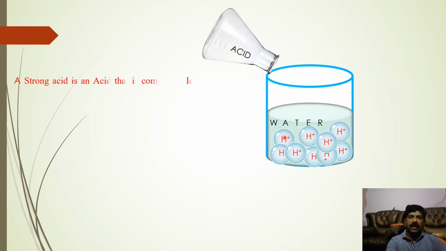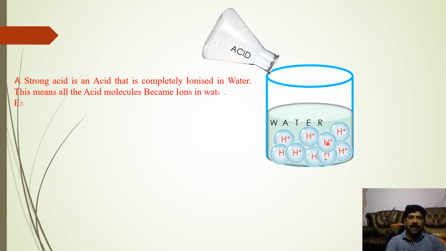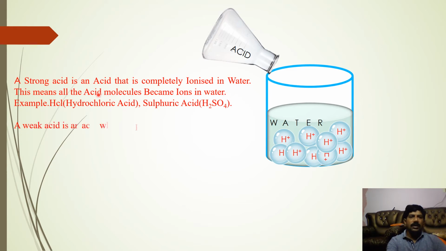So, if I take 100 molecules of acid, these 100 molecules are ionized to ions, which means 100 H plus ions are formed here. So, that acid is considered as a strong acid. What is a strong acid? A strong acid is an acid that is completely ionized in water. This means all the acid molecules became ions in water. Examples: hydrochloric acid, sulfuric acid, phosphoric acid.